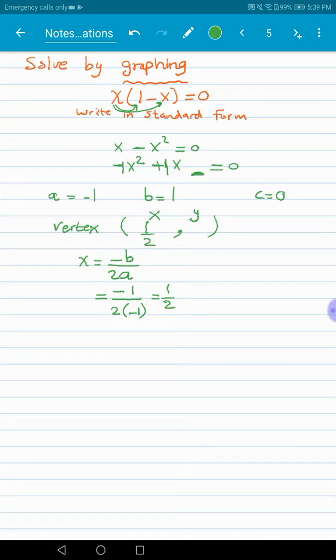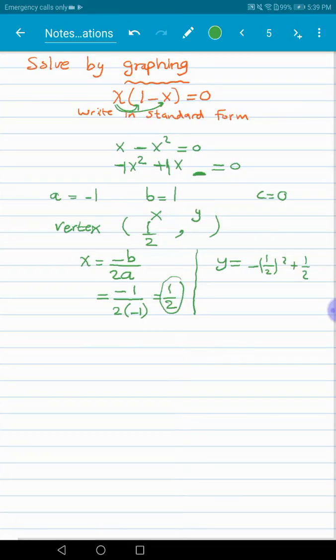Find the y by replacing the half in the equation: minus half squared plus half, which becomes minus quarter plus half, which is 1/4. So the y is a quarter.